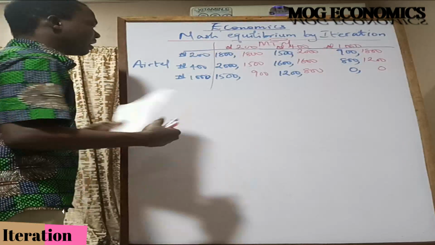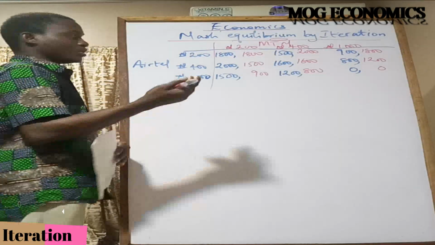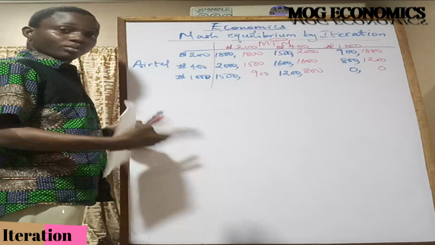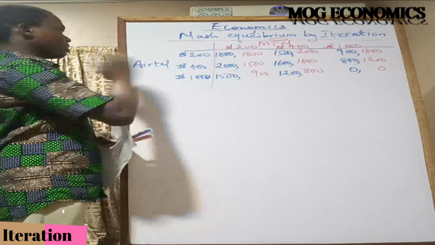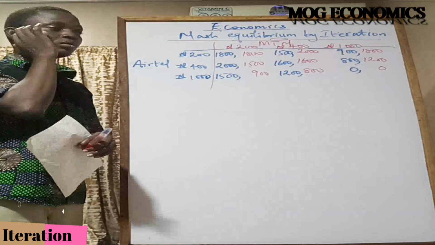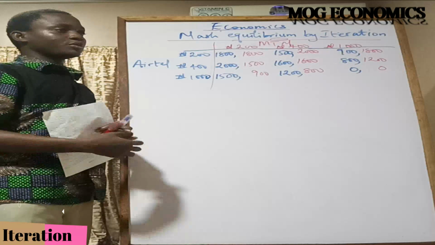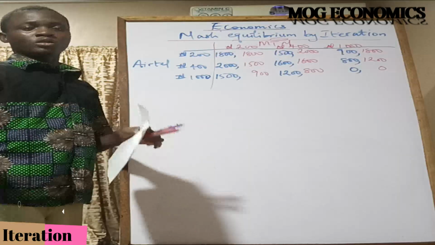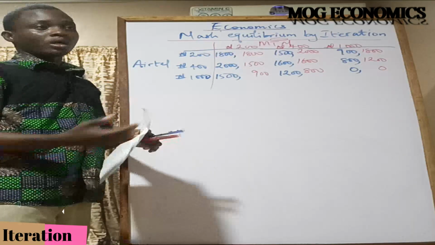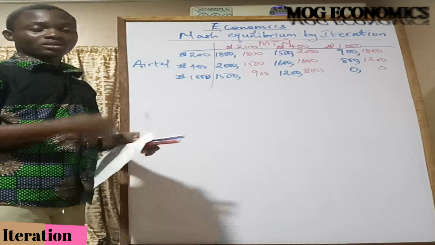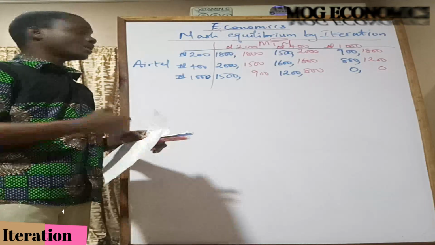Looking at this, it should not be a difficult thing for us to do now. I don't need to be rewriting the strategies at this point. We just know that we have two companies, MTN and Airtel, in the Nigerian telecommunication industry. They are thinking of putting a bonus, a way of doing a promo to encourage sales, on three different types of recharge cards: 200 naira, 400 naira, and 1,000 naira.